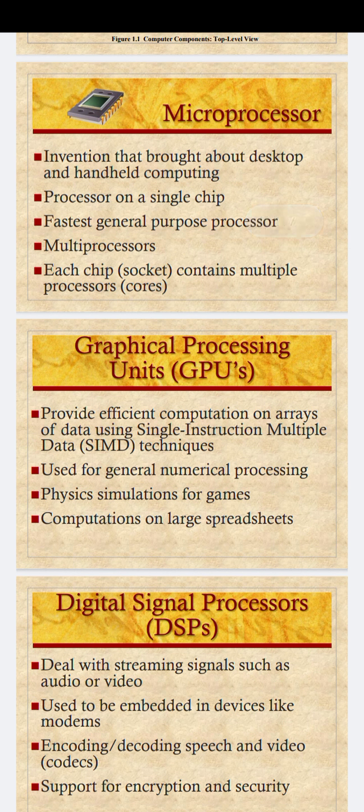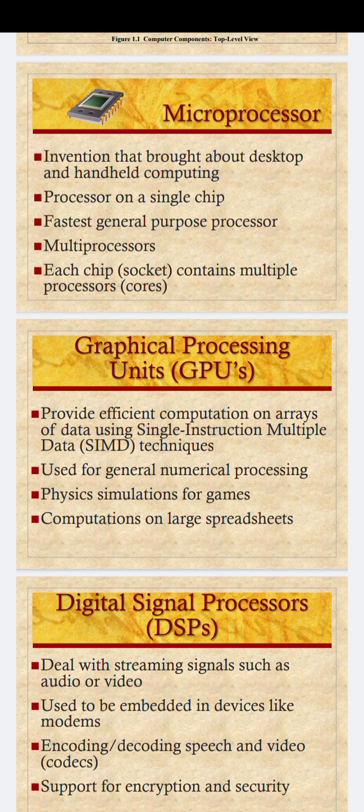Another thing is the graphical processing unit, GPUs. What does the graphical processing unit do? It provides efficient computation on arrays of data using single instruction multiple data, SIMD, techniques.